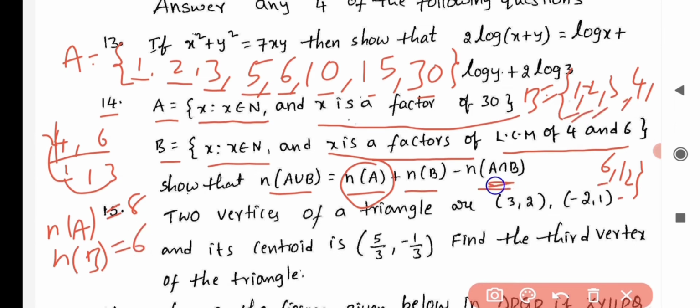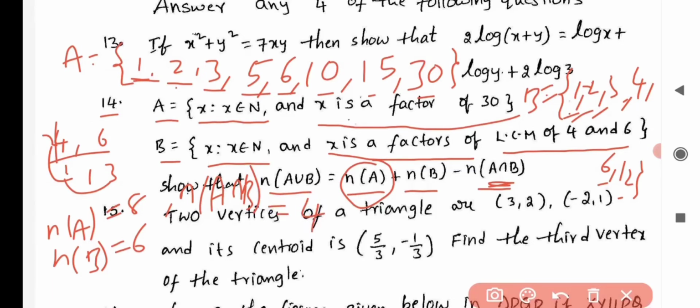Next, n of A intersection B: what are the common elements? 1 is there, 2 is there, 3 is there, 6 is there. So total common elements 4, n of A intersection B equals 4.